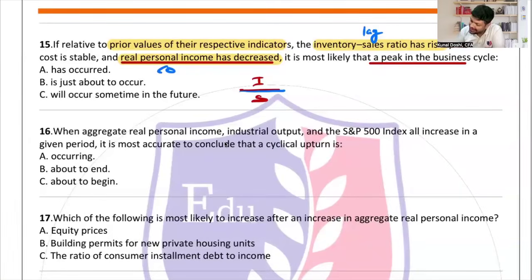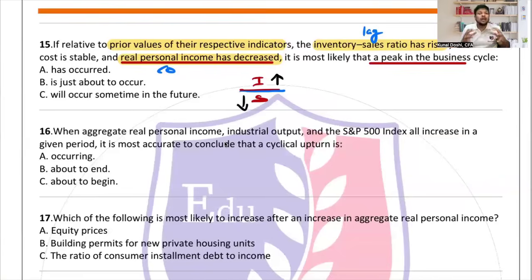Now, first of all, they are saying the inventory to sales ratio has risen. Has risen means either the inventories are too high or the sales have been falling. Isn't it? Correct? Those who are aware of the technique through which I analyze ratios, either the numerator is increasing or the denominator is decreasing. That can be the reason the inventory to sales ratio has risen.